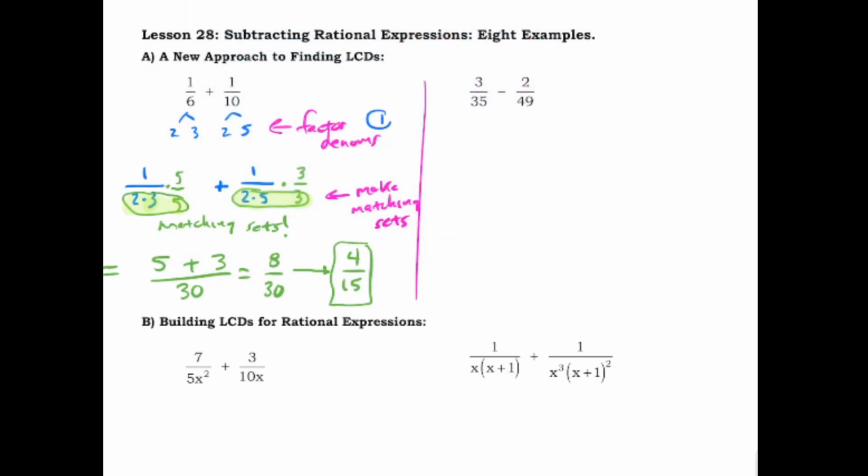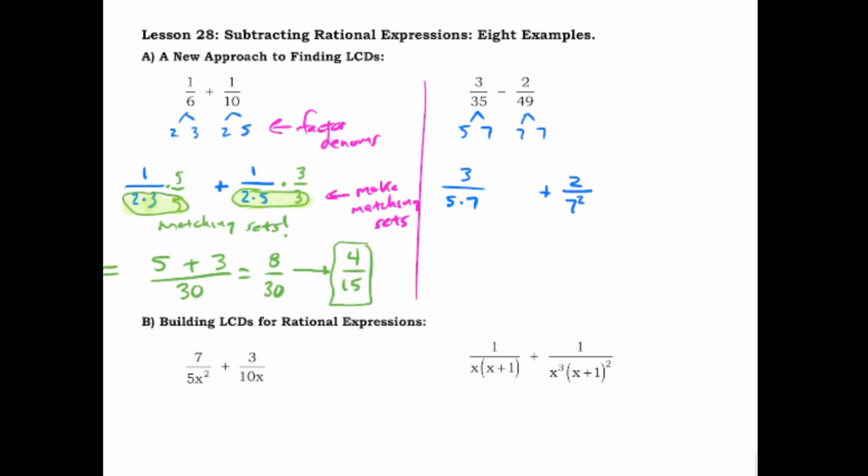Step 1 was to factor the denominators. So the 35 is really just a 5 times 7. Those are primes. That's it. 49 is a 7 times 7. Those are primes. That's it. We're done. So the first fraction is a 3 on top of a 5 times 7. And then leave yourself some space. And the second fraction is 2 over 7 times 7, or you could write 7 squared.